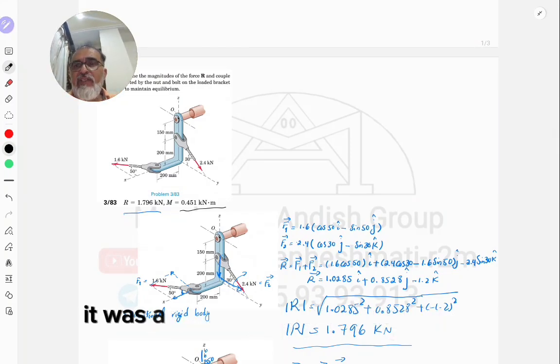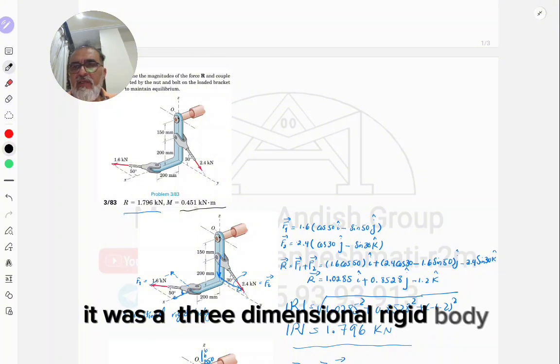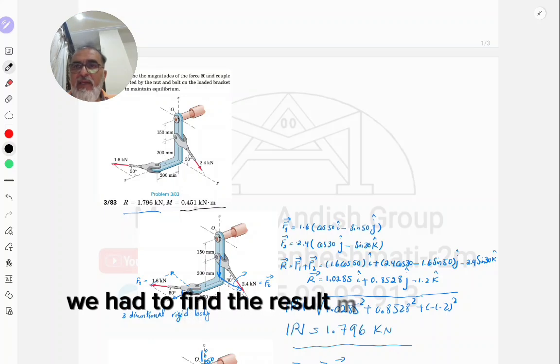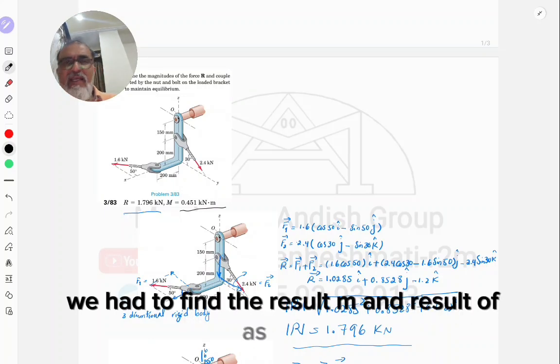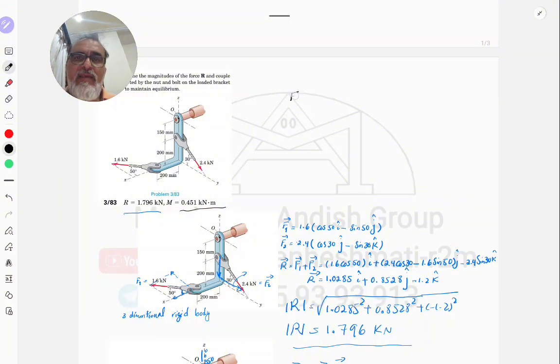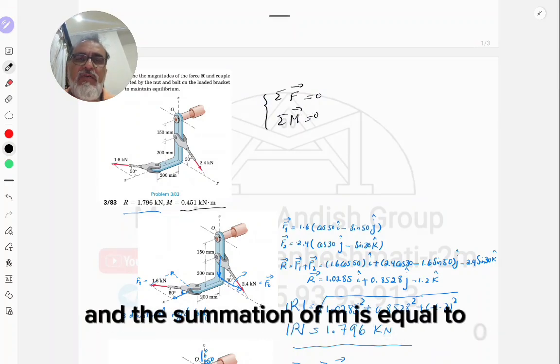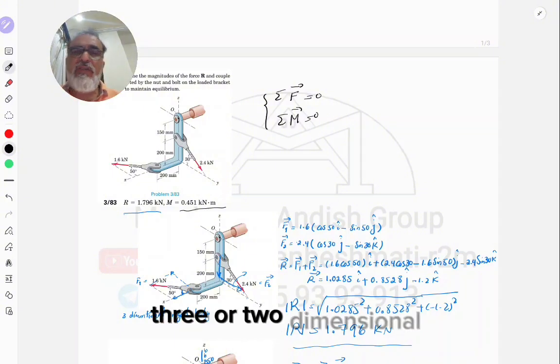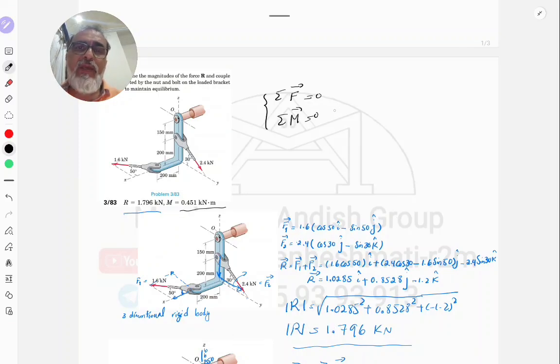It was another problem of equilibrium. It was a rigid body, a three-dimensional rigid body. So we have to find the result M and the result R. As I said, the summation of F is equal to 0 and the summation of M is equal to 0 for each three or two-dimensional rigid body.